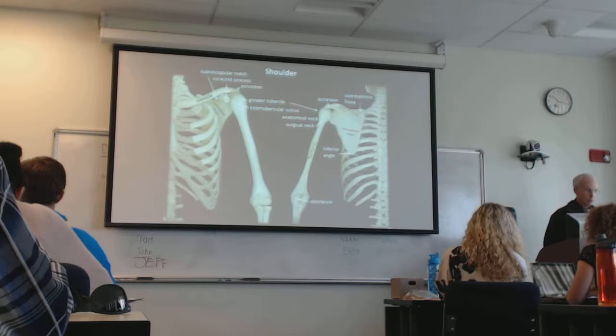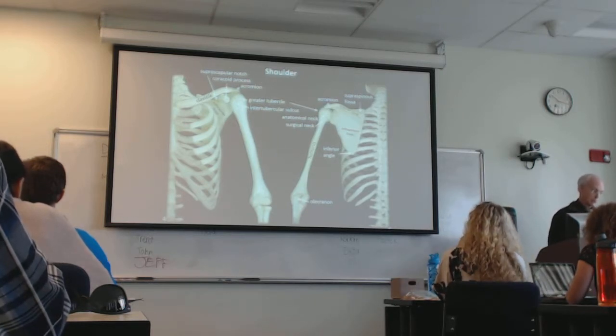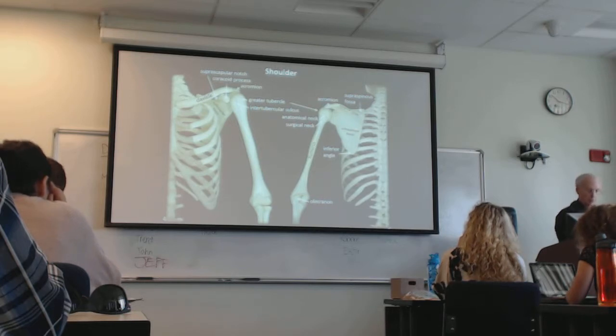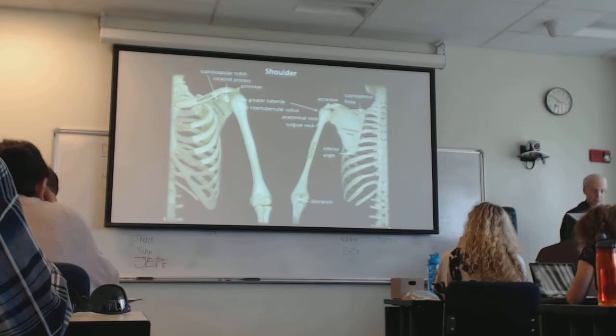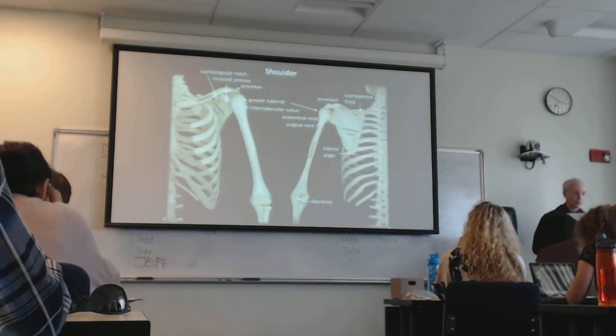So here you see a more complete image of the various skeletal components of the upper limb. At least we see the scapula, we see the coracoid process, the articulation with the clavicle, and the articulation of the scapula with the humerus. Now we'll talk about some of these other components as we proceed and look at them in greater detail. But you'll notice, for example, the humerus has a head up here, and then it has an anatomical neck and a surgical neck.